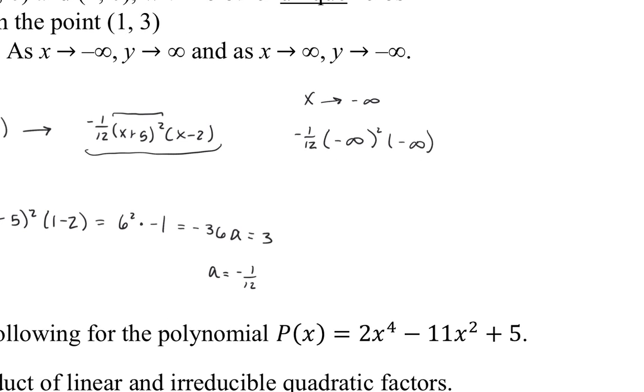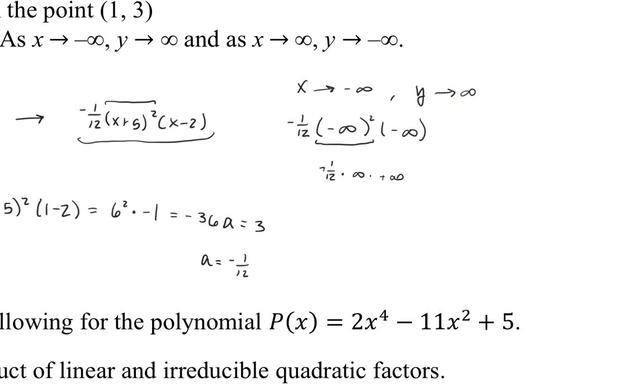So here, this is going to become a positive. So we're going to have negative 1 over 12 times infinity times negative infinity. Negatives will cancel out. So as x goes to negative infinity, y is approaching positive infinity.